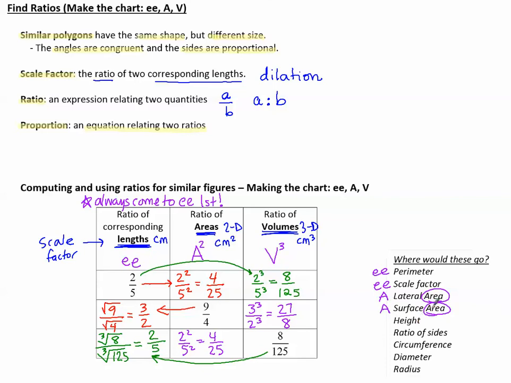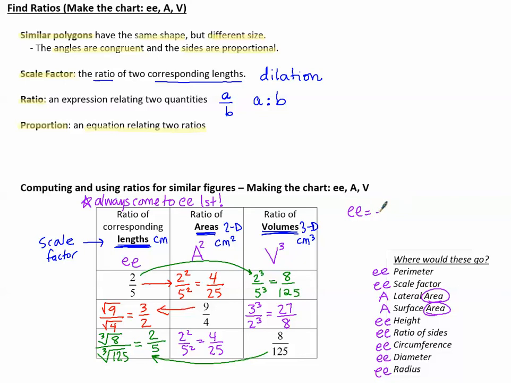Height does not have the word area or volume, so that goes in the everything else column. Ratio of sides does not have the word area or volume, everything else. Circumference, everything else. Diameter, everything else, and radius, everything else.